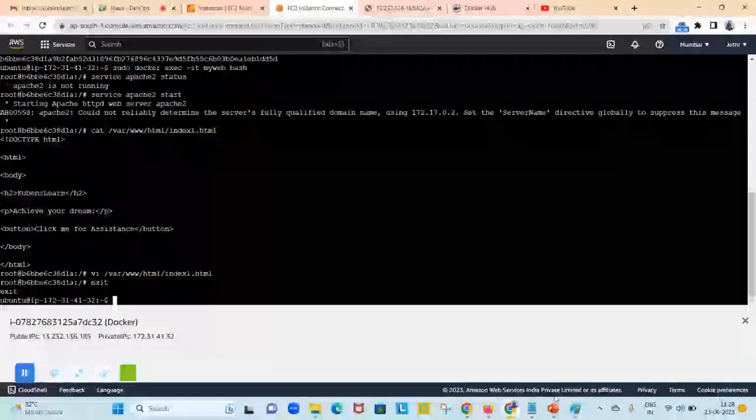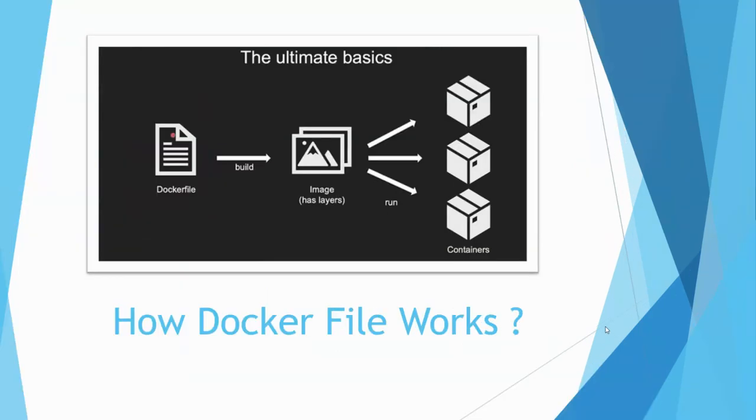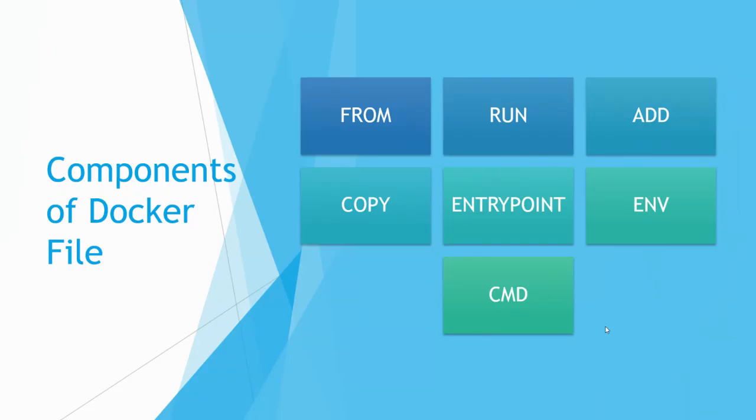Now, let's get into the subject. So this is what is called a Dockerfile. The Dockerfile has certain components. So what are the components? These are the components of a Dockerfile: FROM, RUN, ADD, COPY, ENTRYPOINT, ENV meaning environment, and CMD meaning command.